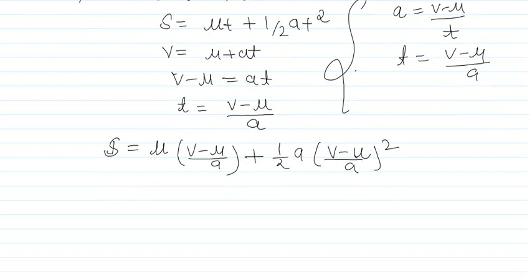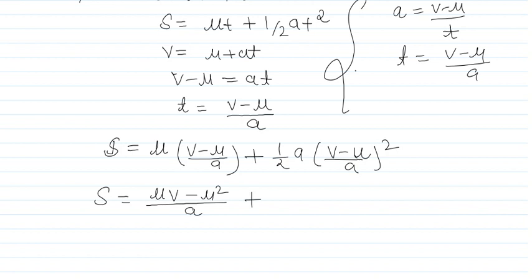Now this s will be equal to, here, v into u is vu, and u into u is u square, so it will be uv minus u square upon a, plus half a times (v minus u) whole square.